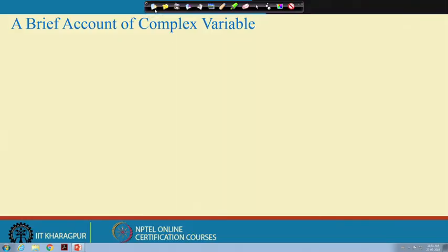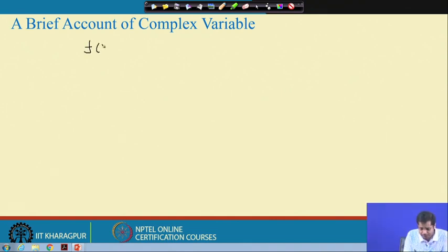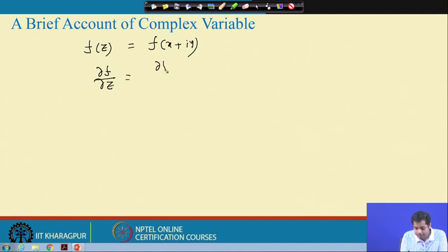So, what is that relation? If we take any function f of z, which can also be written as f of x plus iy, and we differentiate this function with respect to x, then we have del f del x. Writing it out, this becomes del f del z into del z del x, just the chain rule, and then del f del z bar into del z bar del x.